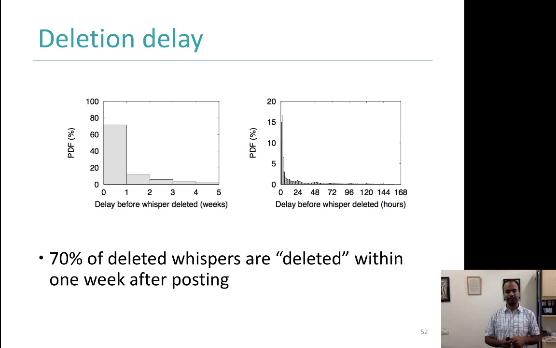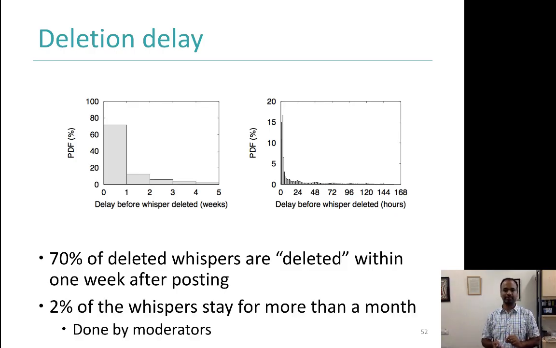That's the first graph on the left: the x-axis is the week, and the y-axis is the proportion of the whispers getting deleted. The right side shows the delay before whispers get deleted. 2% of the whispers stay for more than a month, if you see after 4 weeks in the graph on the left.